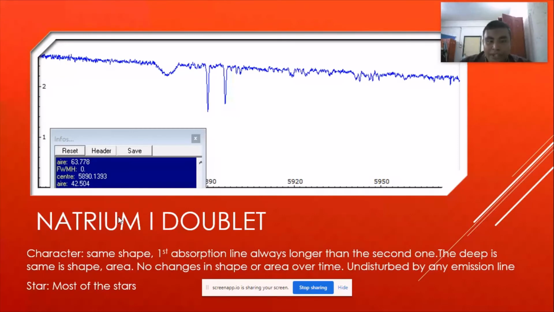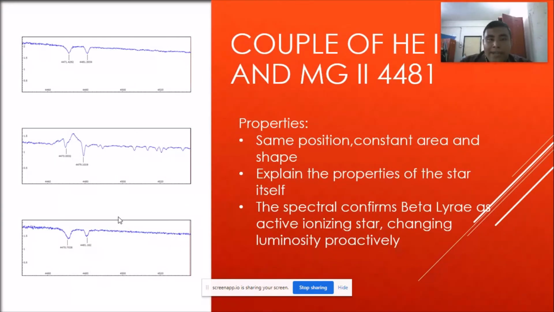However, it is worth mentioning that sodium I is deep and narrow, while the helium I and magnesium II couple is broad and shallow. These explain the properties of the star itself, right? And the location at the blue wavelength confirms they are blue in color, or faintly blue.